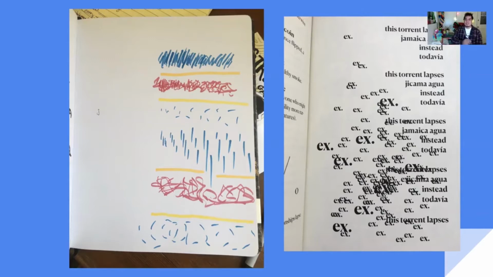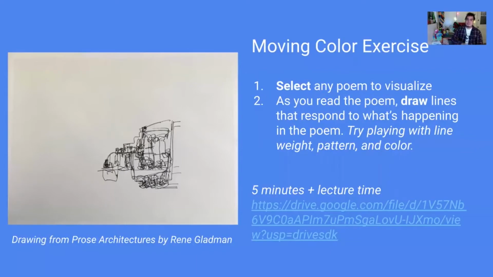And so it was a really cool way to think about form, and it led to the poem that you see on the right. So this exercise goes both ways. So pick a poem, any poem, and start visualizing it. And as you work, I'm going to present a little lecture on utopia and dystopia.